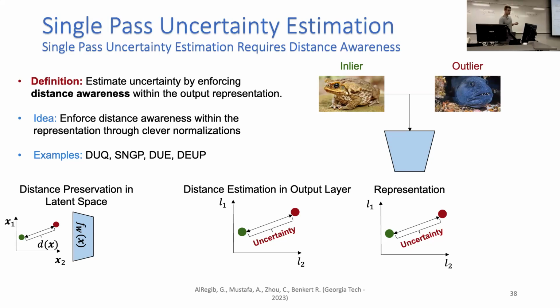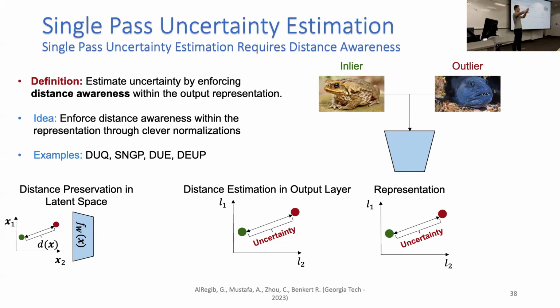Okay. That brings me to this notion of single pass uncertainty estimation methods. So I just described what distance awareness is. I described to you what distance preservation means in neural networks. And I also described to you what distance awareness means in the output.